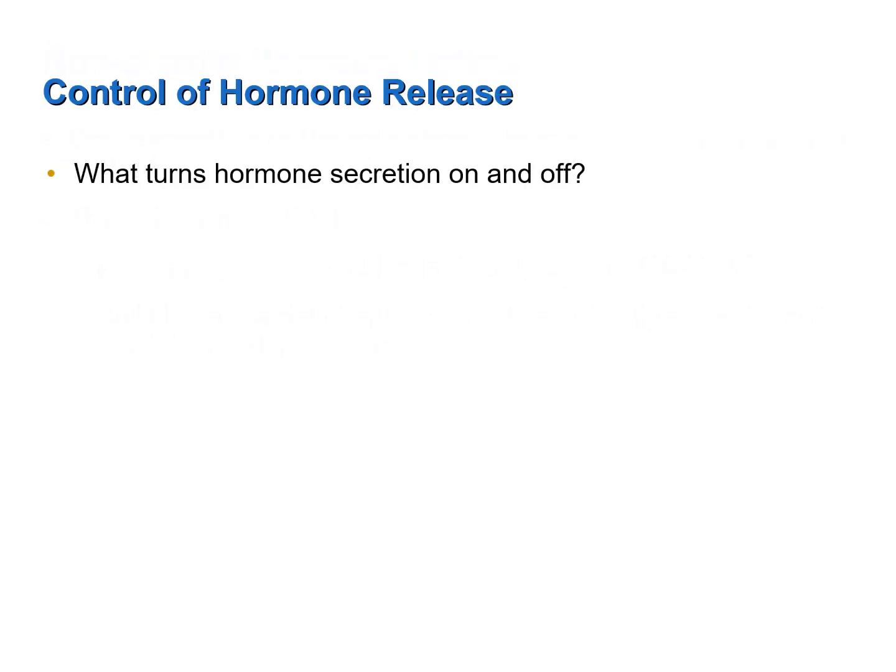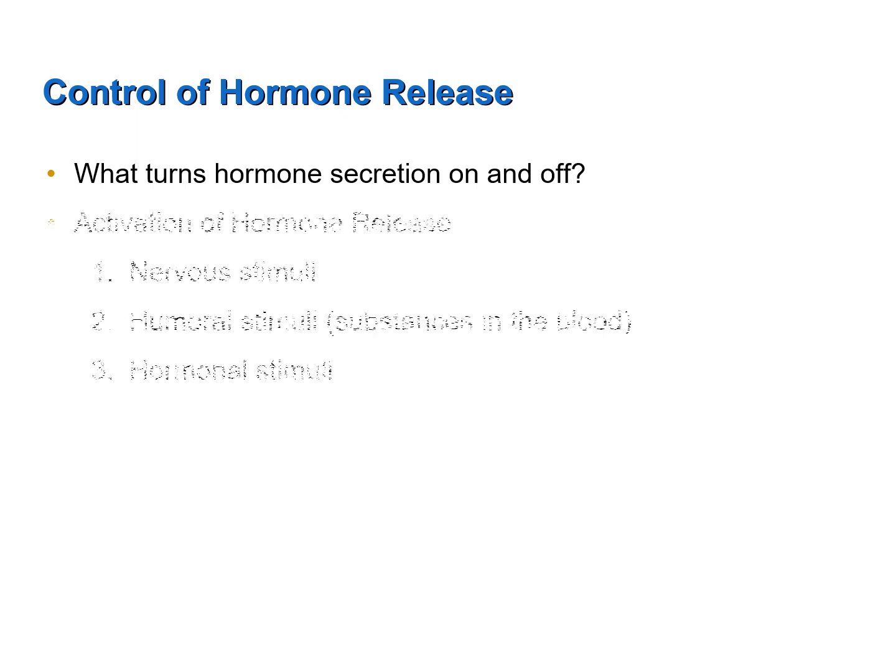Now let's discuss what causes a hormone to be secreted and then what turns off hormone secretion. If you recall, in the nervous system, there had to be a stimulus in order for a neuron to generate an action potential, causing the release of neurotransmitter. And similarly, there has to be a stimulus, a change, in order for an endocrine cell to release hormones.